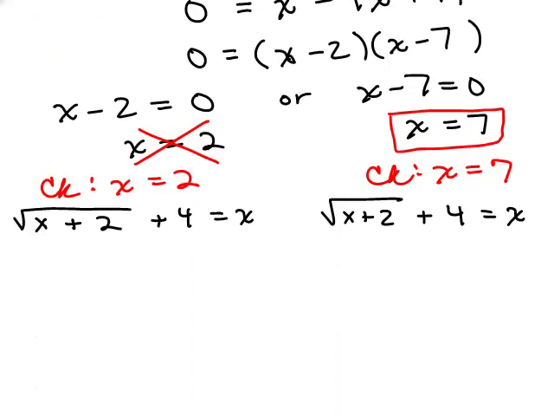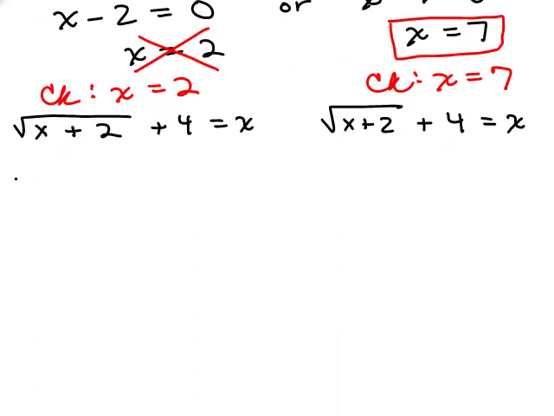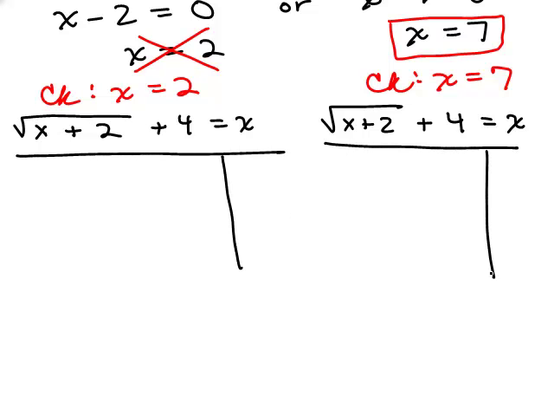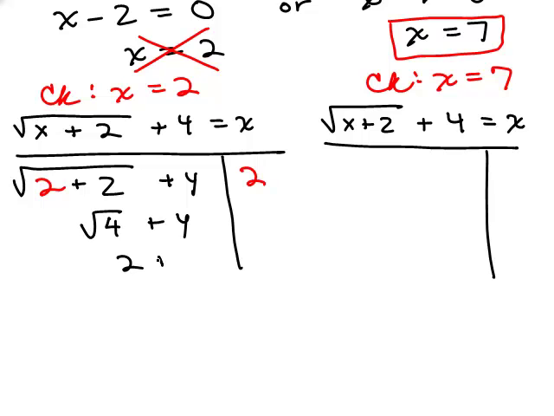All right, so here we go. We're going to check. All right, so we're going to put in 2 for x. And if we simplify that, we have square root of 4 plus 4, 2 plus 4, 6. Not going to check. Nope.